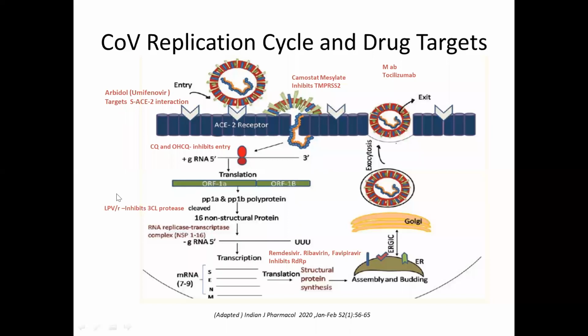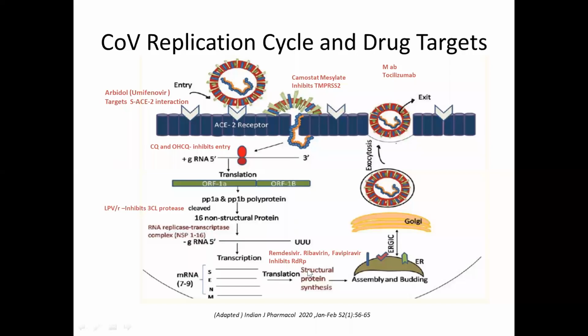Now, lopinavir ritonavir, which has been used as a protease inhibitor in HIV, has also found place in consideration here, because the translation of these proteins requires a 3 chymotrypsin-like protease. And so if you inhibit, then the non-structural proteins will not be formed in this viral cycle.